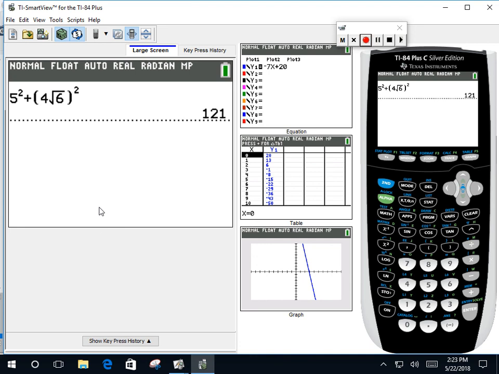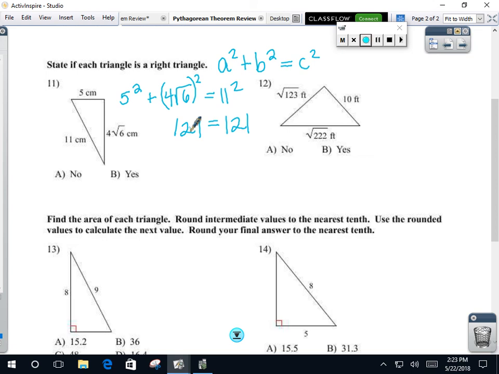Let me show you what it's doing, guys. Look. The 4 gets squared, and what happens when you square the 4? A 16. And then, yes, at that point, the radical and the squared will cancel each other out, but then you got a 6, and 16 times 6 is 96, and then when you add that to the 25 that was there, that's how you get 121. Since they're equal, yes, this is a right triangle.